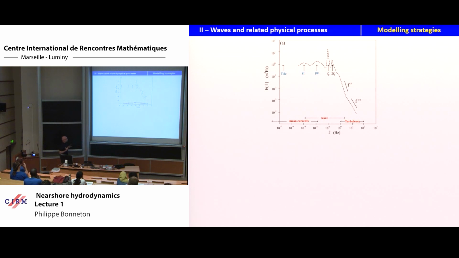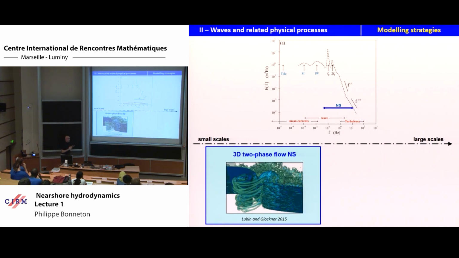So the question is how we can develop tractable modeling for such complicated processes. If you are interested in small-scale processes, turbulent processes, interaction between turbulence and wave, the impact of wave shearing on current and current shearing on wave, and so on, the suitable approach is certainly based on 3D two-phase flow Navier-Stokes equations.